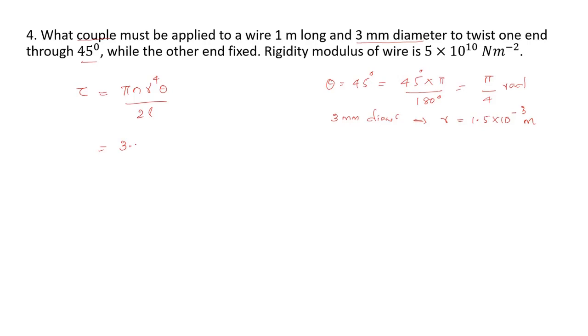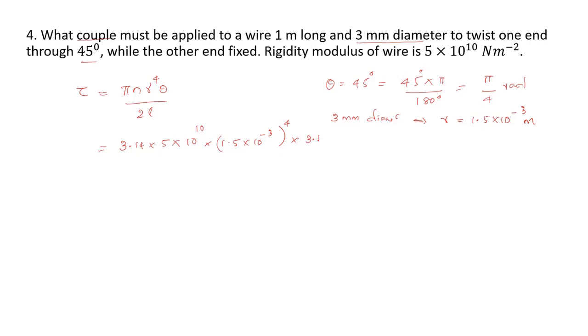It is pi, 3.14, into the rigidity modulus, which is 5 into 10 to the power 10, and it's given. We have found the radius to be 1.5 into 10 to the power negative 3 meter, so whole to the power 4, and theta is pi by 4.